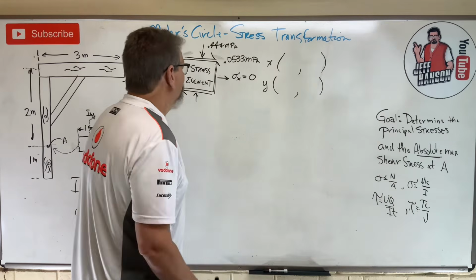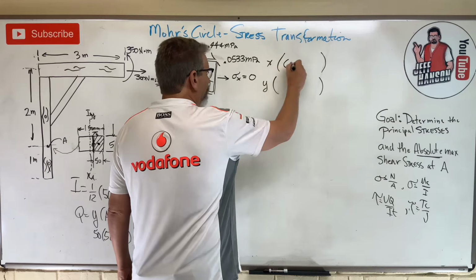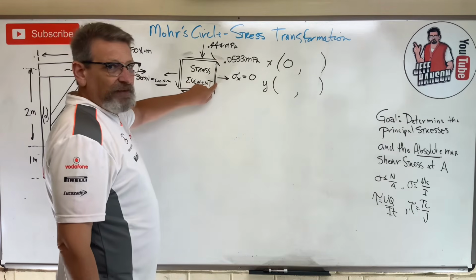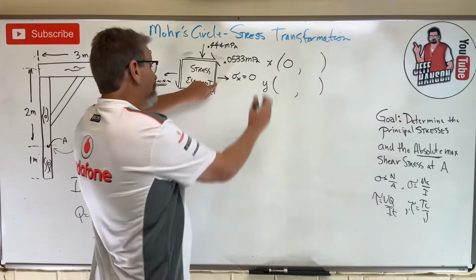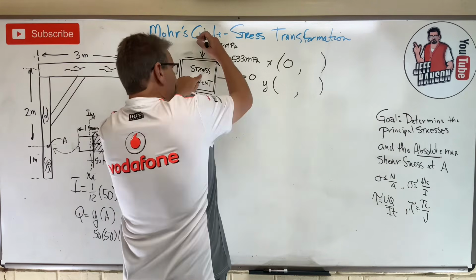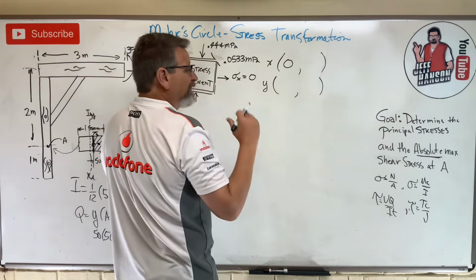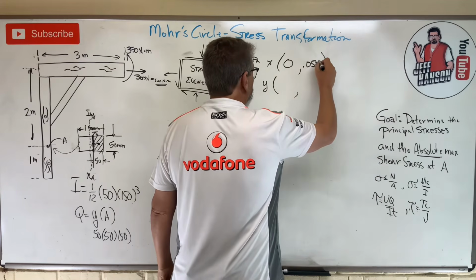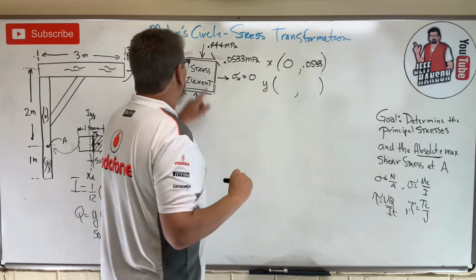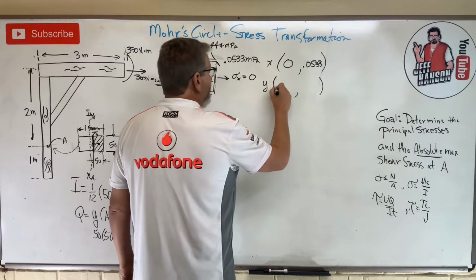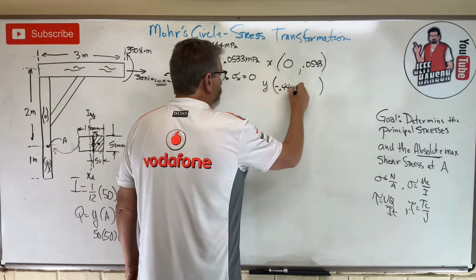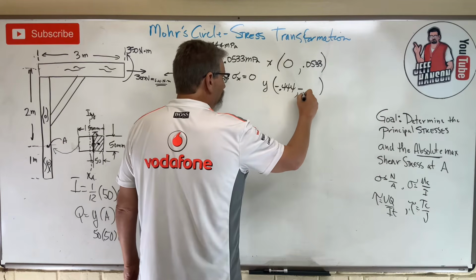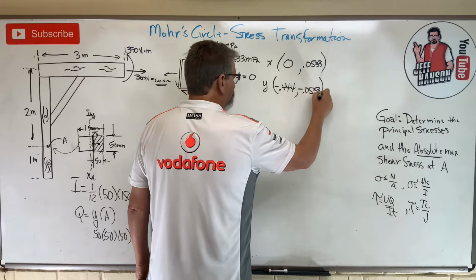Here we go. So from the X face, I have what? 0, and then what? I have that much stress on the X face. Which way is it going? Counterclockwise. Doesn't it rotate me counterclockwise? Which is a positive, right? So 0.0533. And then on the Y face, oh, it's negative 0.444. And then over here, negative 0.0533.